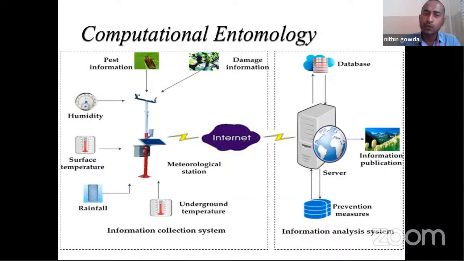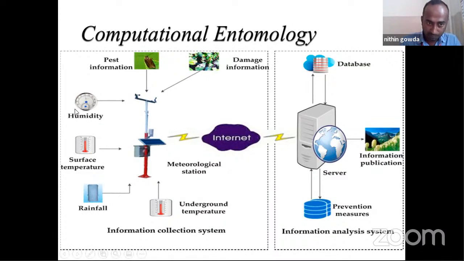That can be divided into two sections. Please observe this diagram, where I have divided the computational entomology domain into two sections. The first section deals with information collection, where we gather information about the insects.